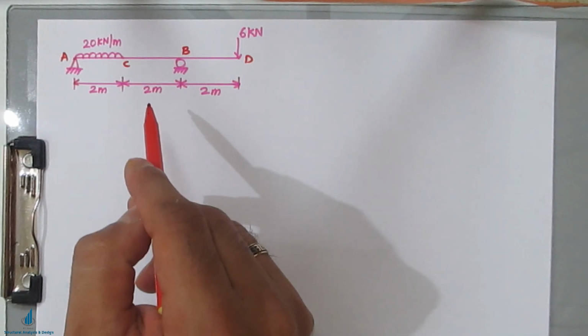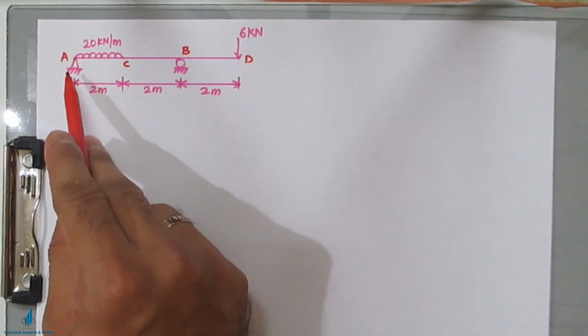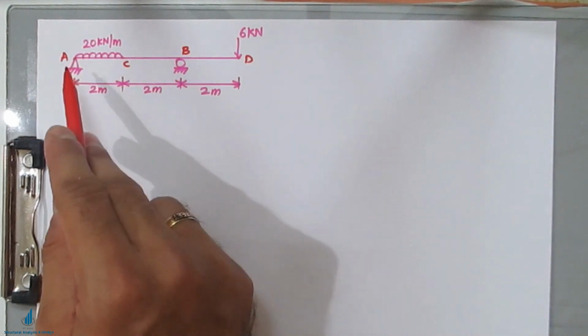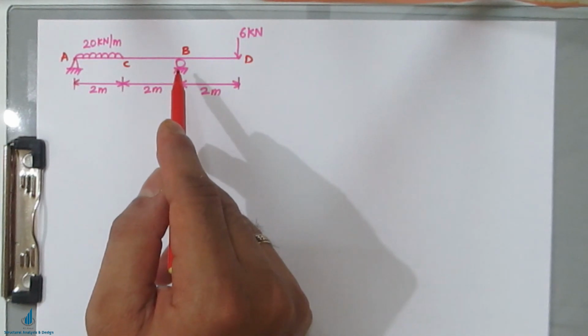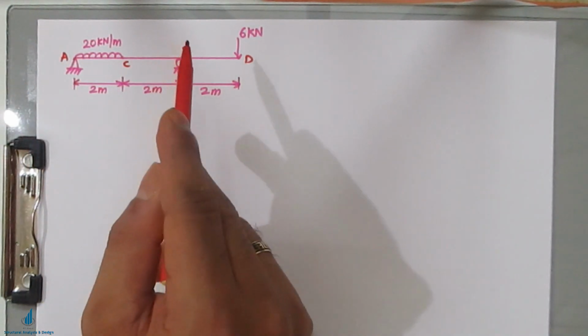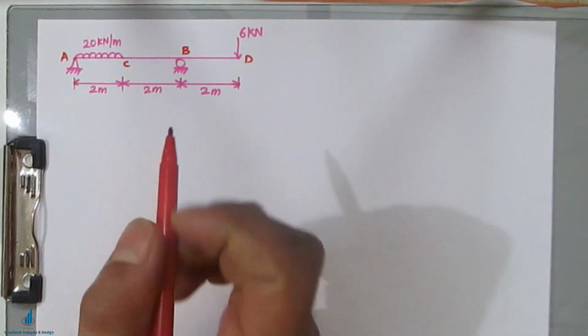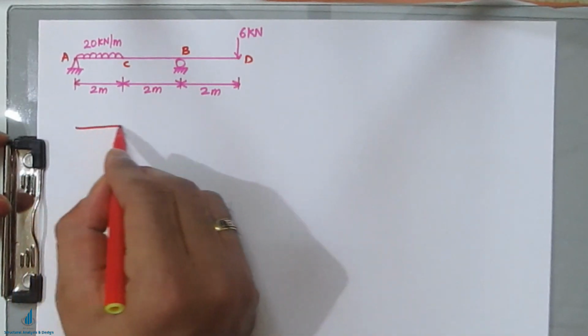To proceed with this shear force and bending moment problem, we have to find the reactions RA and RB. A has a hinge support and B has a roller support. So before proceeding we need to find RA and RB, and for that we first draw the free body diagram.